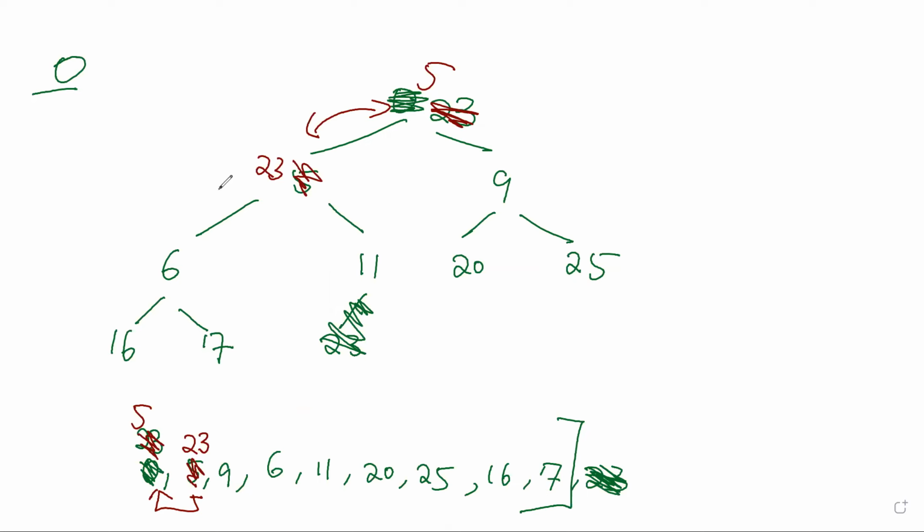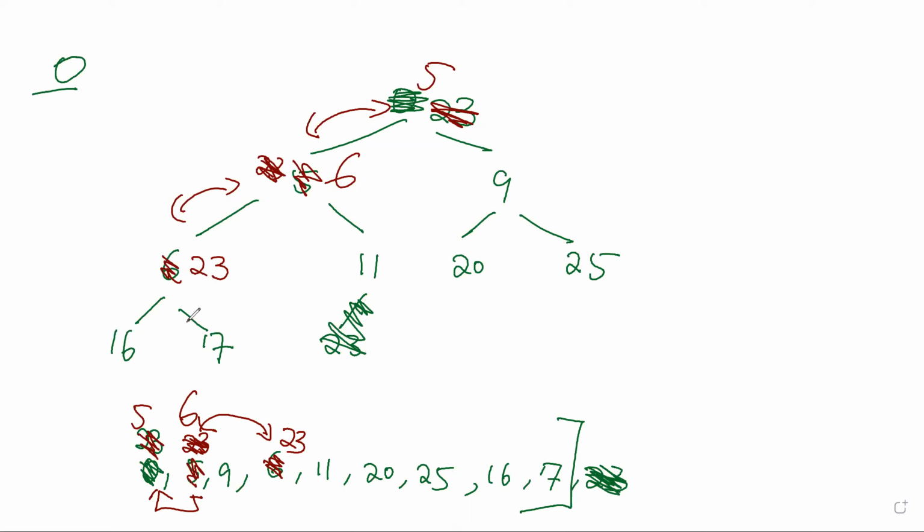Then you keep comparing with its children. It's greater than the child, so you swap: 6 and 23. You need to swap these two, so this is 6 and this is 23. And what next?